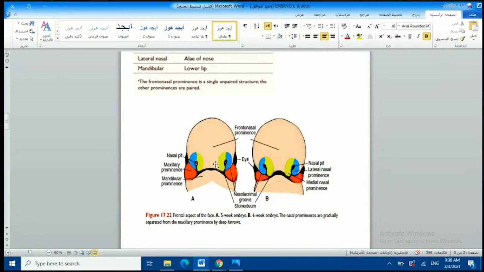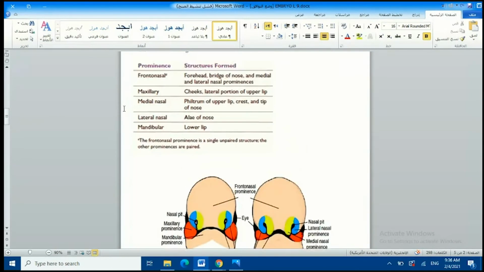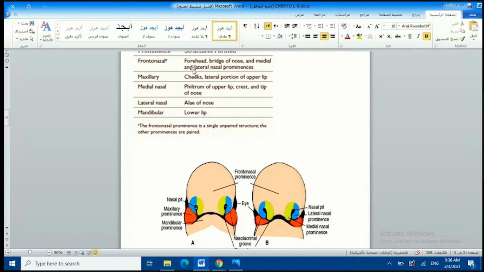You see a 1 week difference, but it makes sense. Okay, there is a difference. You see how even the eyes will move down. So look. First of all, the frontonasal prominence will form the forehead, the bridge of the nose, medial and lateral. Look, this is the lateral nasal prominence, and this is the medial nasal prominence.